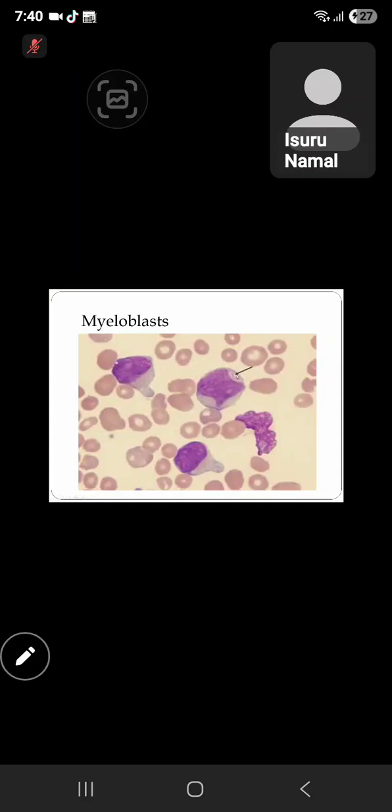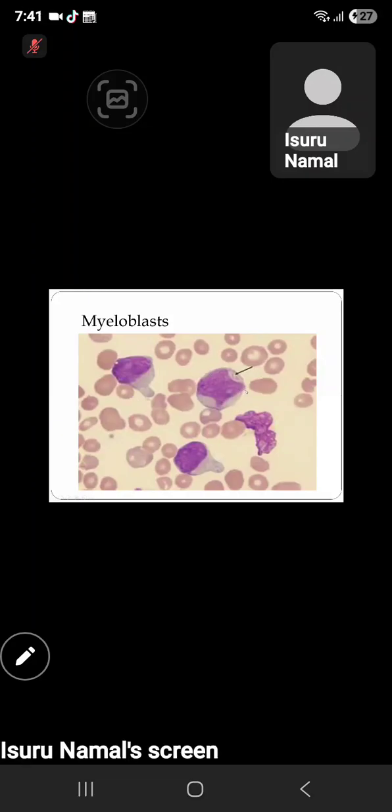And when you consider the nuclear cytoplasm NC ratio, that is high. That means the nucleus is spreading in the cell, more than 90% most of the time. That may change, but however, more than 90% of the cell is nucleus. And that nucleus has loosely arranged chromatin. Here you can see this chromatin color is very pale compared to mature cells.